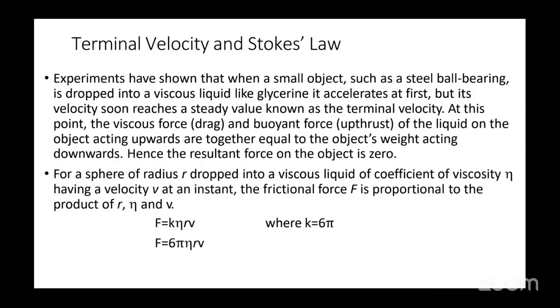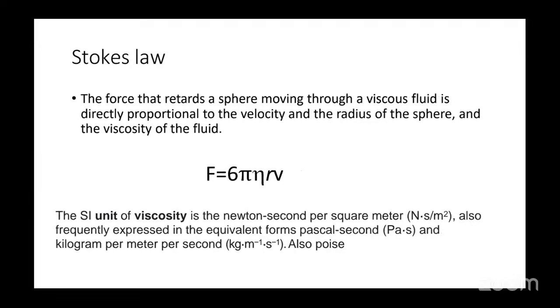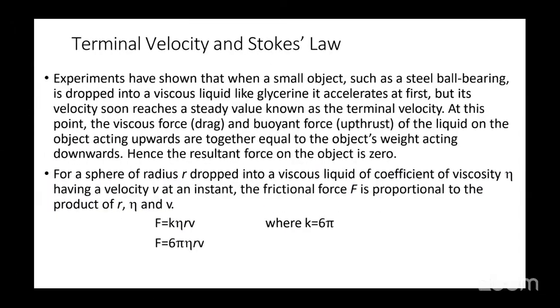By applying those conditions, that the object is at terminal velocity, with the drag force restraining the object from going down, the buoyant force restraining the object from going down freely, and the weight of the object pushing itself downward, we can derive an expression for the terminal velocity.